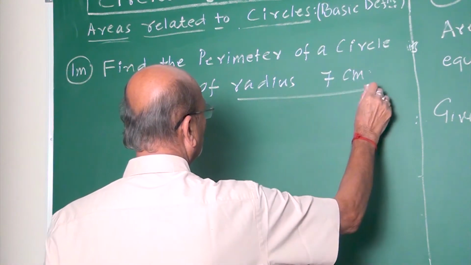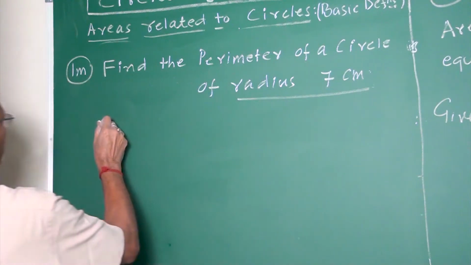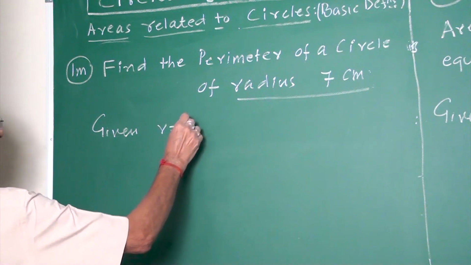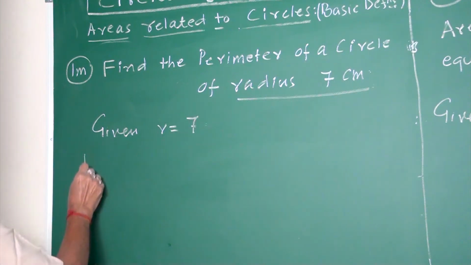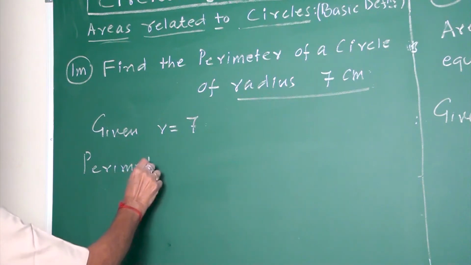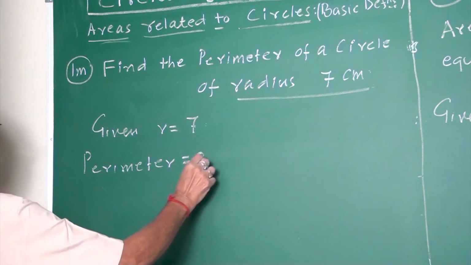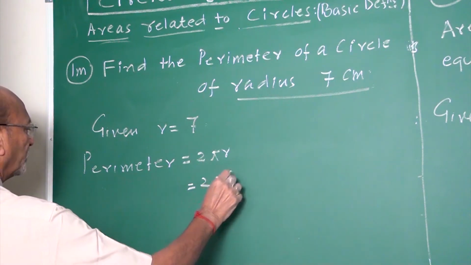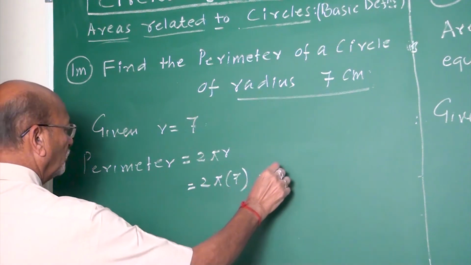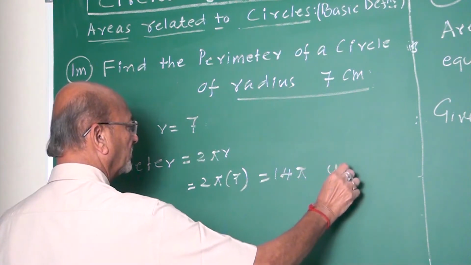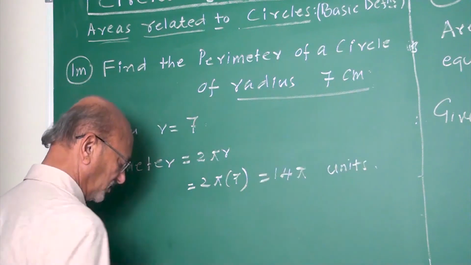Simplest example, my friends. Given r is 7 centimeters. What is the perimeter? Perimeter of the circle is 2 pi r. It is 2 pi into 7, which gives 14 pi units, my friends. It is a 1 mark question.